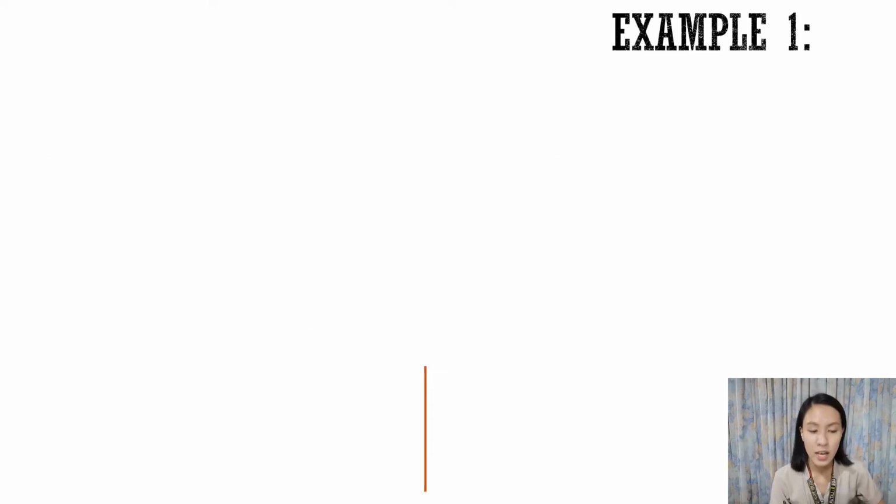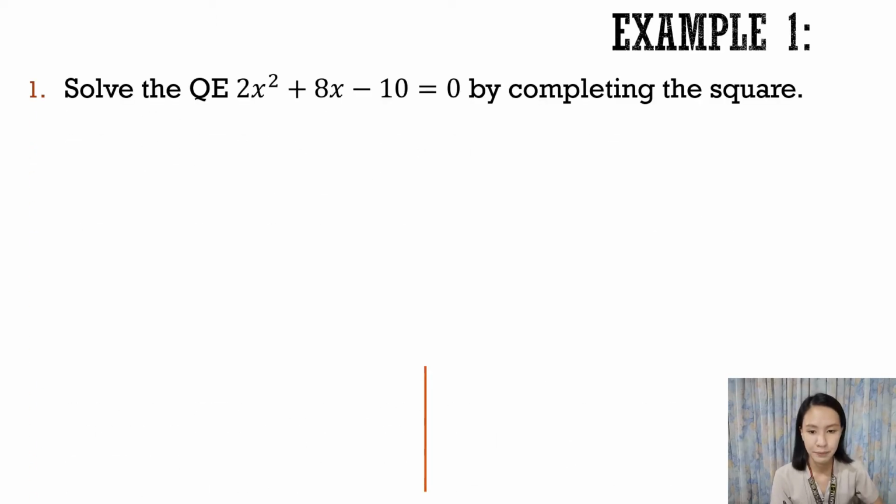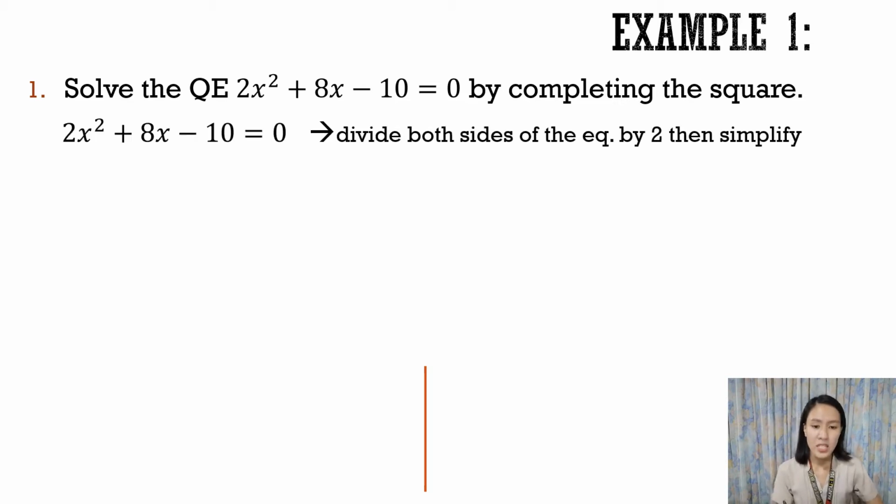Now, let us have example number 1. Solve the quadratic equation 2x squared plus 8x minus 10 is equal to 0 by completing the square. The very first step is for us to divide both sides of the equation by 2, then simplify. Why do we need to divide by 2?